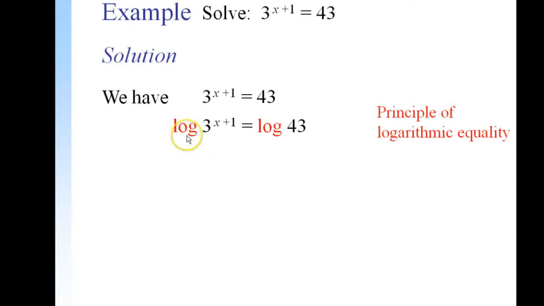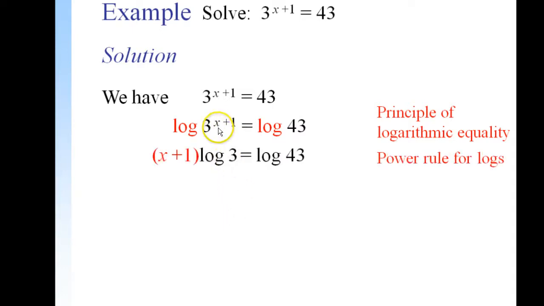So if we put the log, and again we're going to the common log base 10, and we don't write the 10, we have something like this. Now that we have this, notice we can take our exponent from an earlier section and place it in front of the log. So we're moving our exponent to the front of the log, which is one of our techniques.